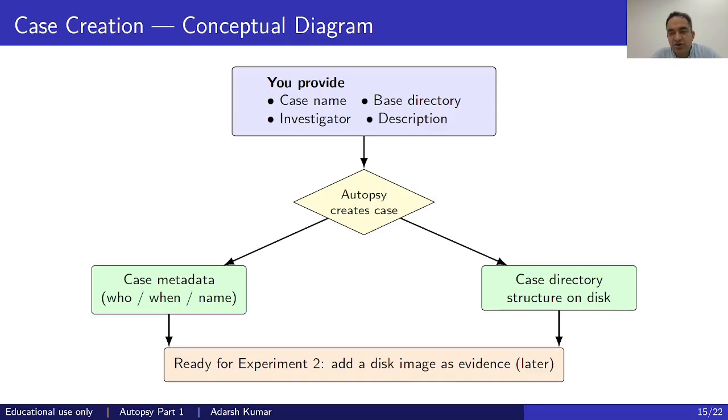The other is a case directory structure on disk, which is where Autopsy keeps related files for later reopening. After that, the case becomes ready for experiment 2, where we will add a disk image as evidence. So experiment 1 is successful when you understand both the metadata side and the folder side of case creation.